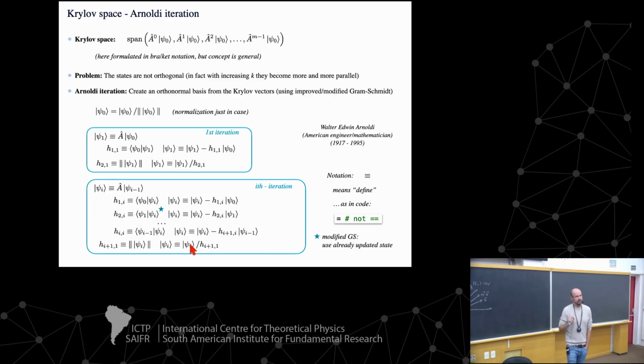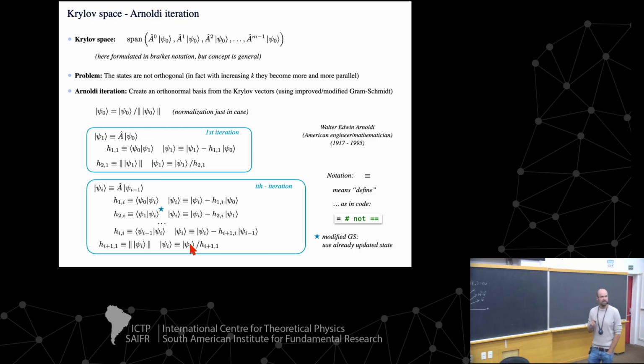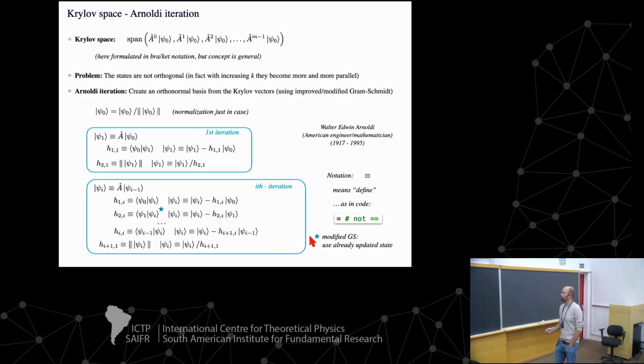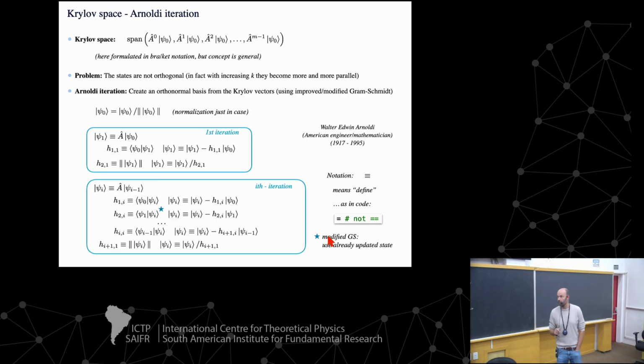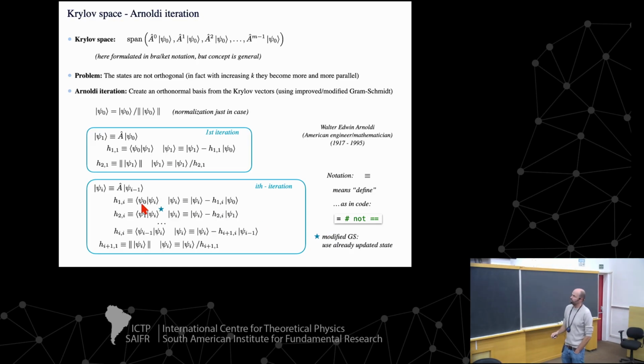There's one little detail hidden here. So what I show you here is the so-called modified Gram-Schmidt procedure. There's also an original Gram-Schmidt procedure, which is numerically not so stable. Modified just means that if I go in this loop here, if I go to subtract the second state from my state psi, I already use the updated state here, right?